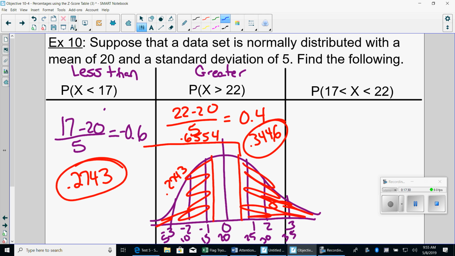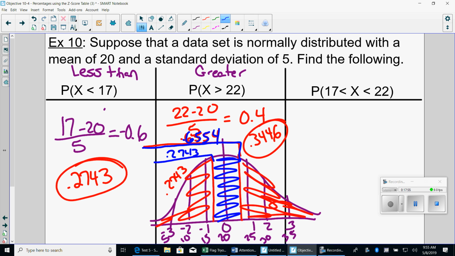Okay, so now the question says what's between these same 2 points. So now I want this area. Okay, so you know from here over is 0.2743. And you know from here over is 0.6554. So how do you get what's between?